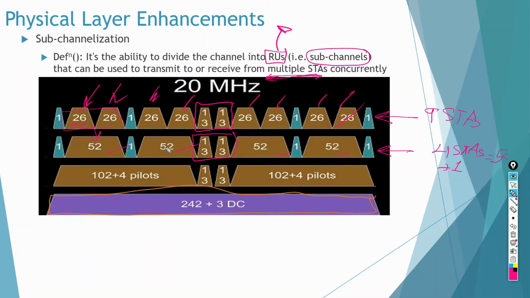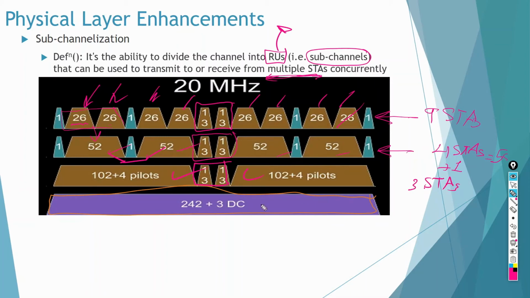Also, if I bond these together, I can come up with a bigger RU that I can assign. So a total of 1, 2, and this can be used for a third station. So a total of 3 STAs.